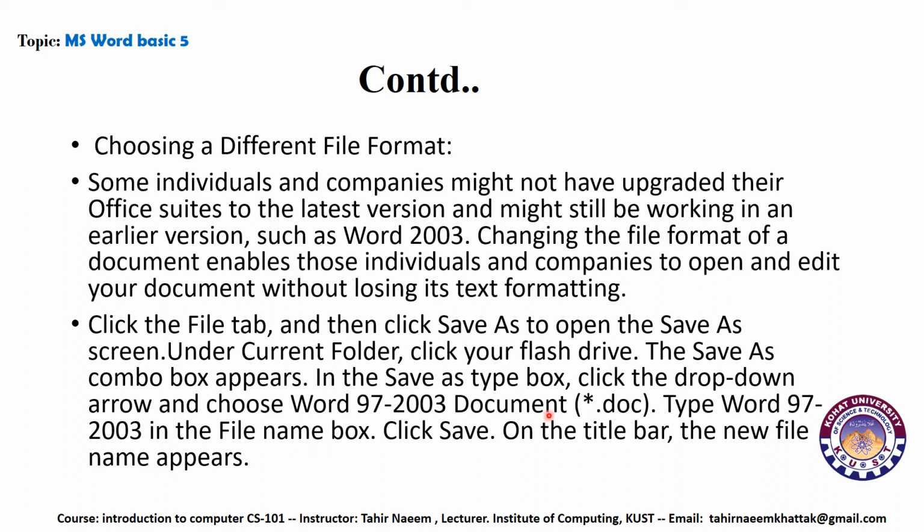So basically you have to choose this file type. Then type the file name, click Save, and the new file name appears in the title bar. So basically you have to give the doc extension if you want your file to be backward compatible.